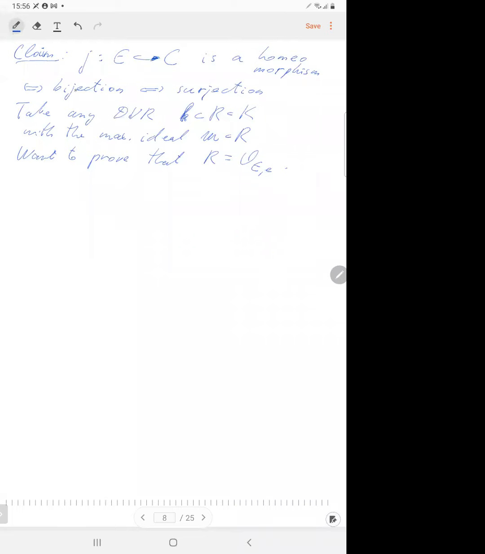So we have our parameter T, coordinate T.